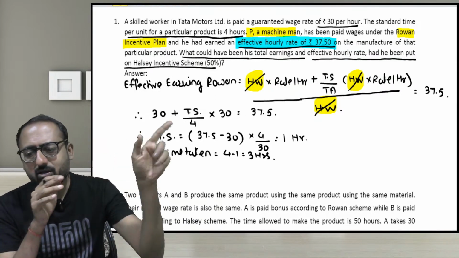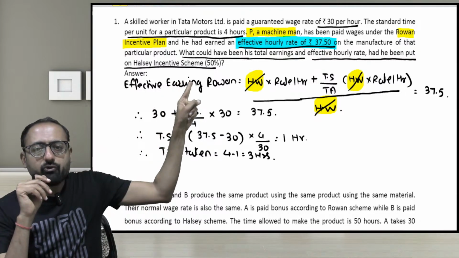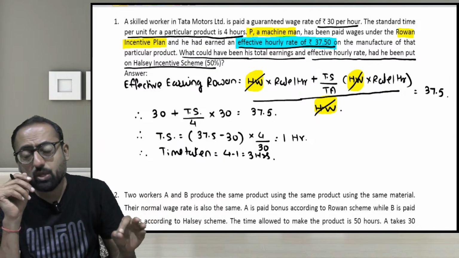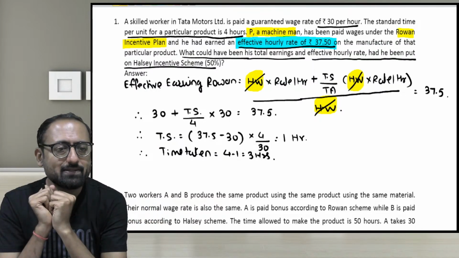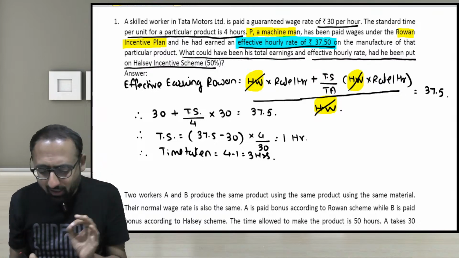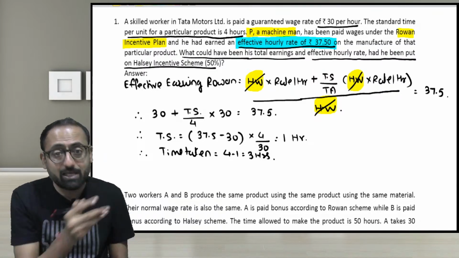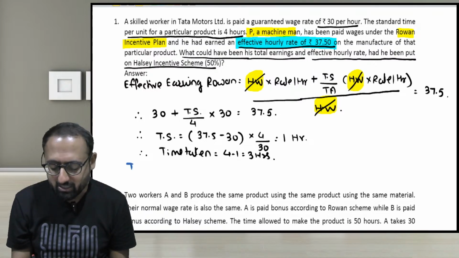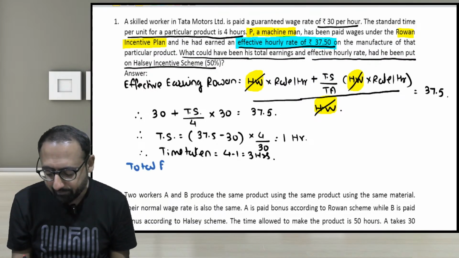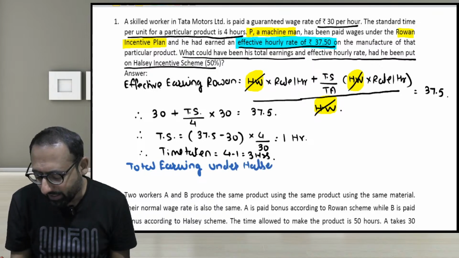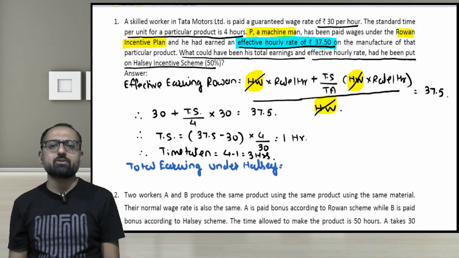Now let's read the question. What would have been his total earning and effective earning rate had he been put on the Halsey incentive scheme? So let's work out the same person's total earning under Halsey. Then we will divide by hours worked and we will get that effective earning. Total earnings under Halsey is equal to, the formula is very simple.